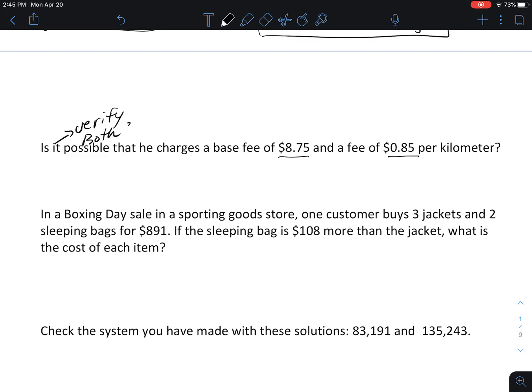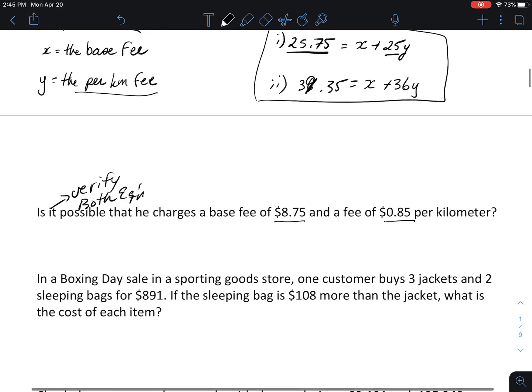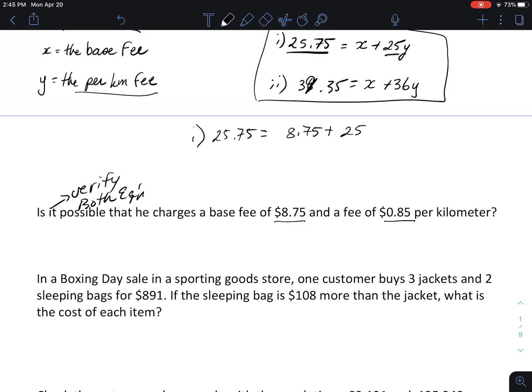So again, what I'm asking you to do here is verify. And I verify in both equations. So basically, we're just going to check, is that the answer? So in my first equation, I would go, is $25.75 $8.75 plus 25 times 85 cents.